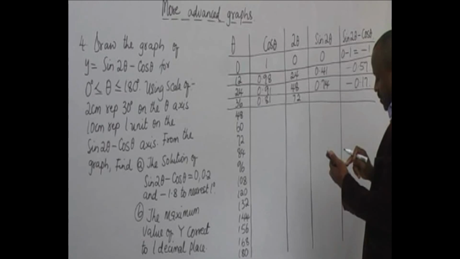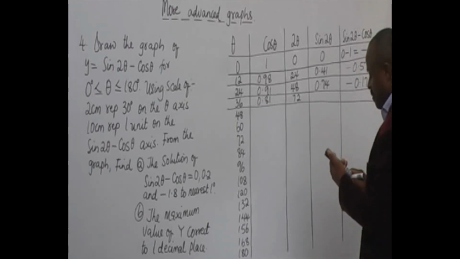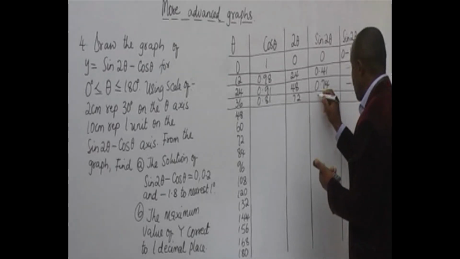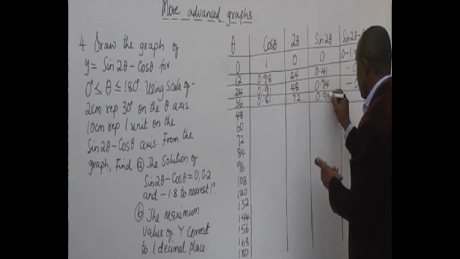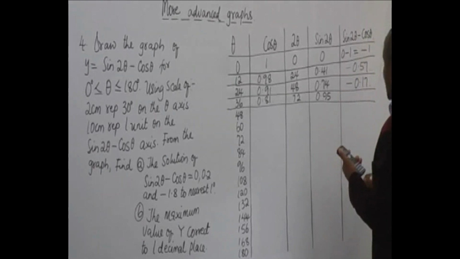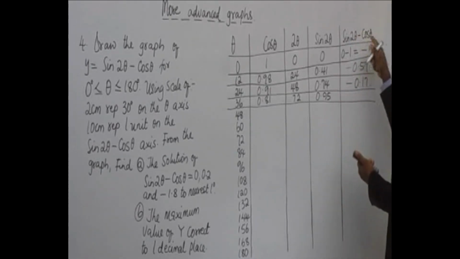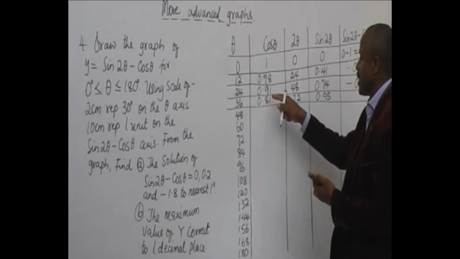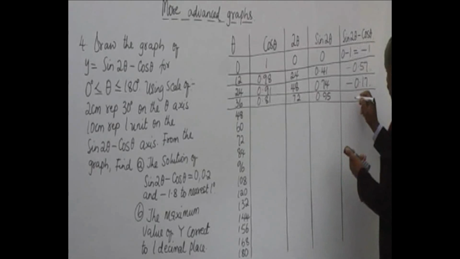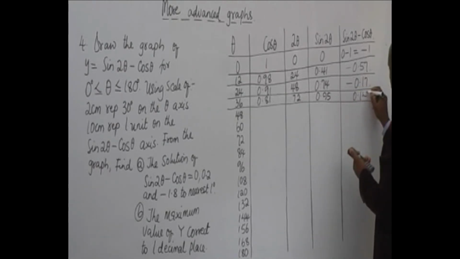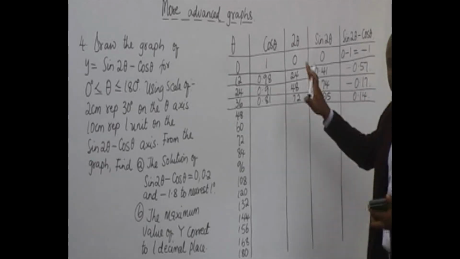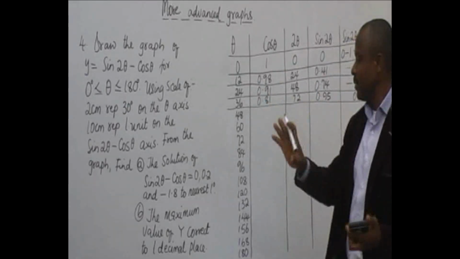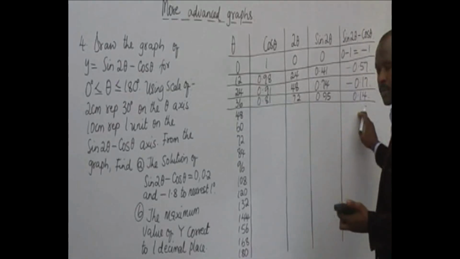So let's find the value. Sine 72 has this value, 0.95 in 2 decimal places. Now sine 2 theta minus cos theta means 0.95 minus 0.81, giving us plus 0.14. So it is in this sequence you are going to fill all the columns.